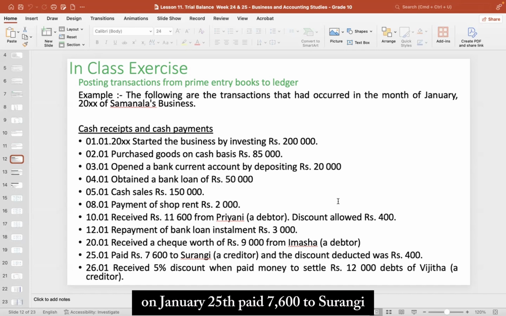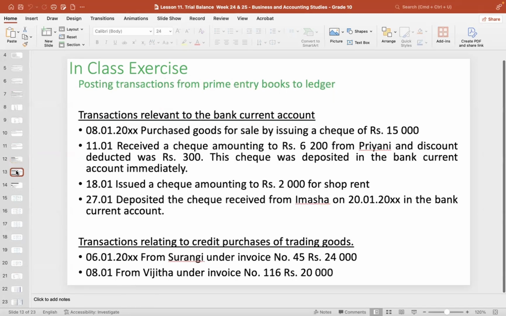On January 25th, paid 7,600 to Surangi, and the discount deducted was rupees 400. Then on January 26th, received a 5% discount when paid money to settle the rupees 12,000 debt of Vijita, a creditor. So we have discounts allowed and discounts received.